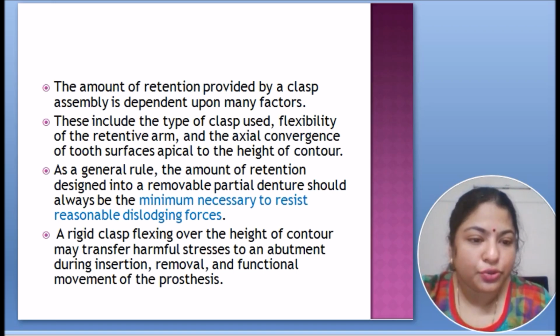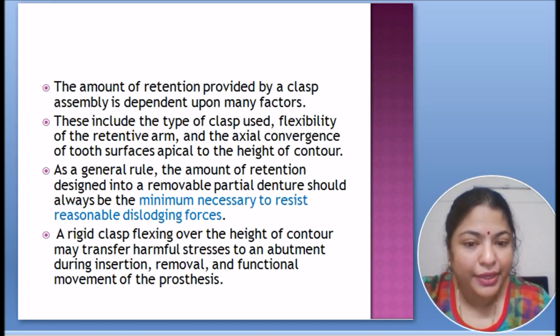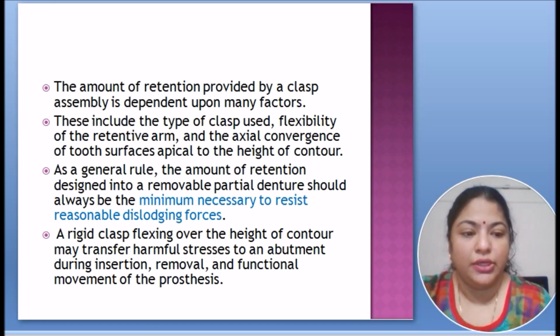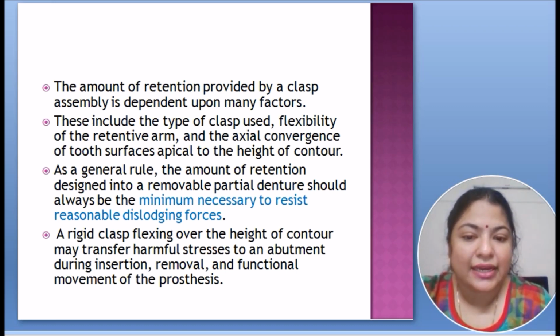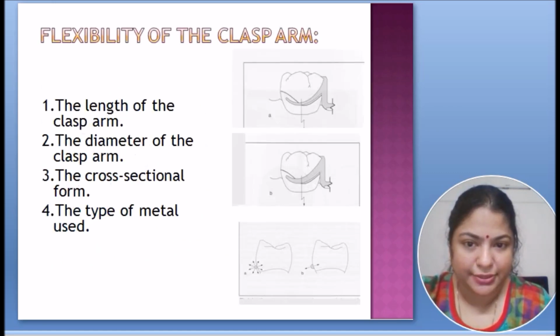As a general rule, the amount of retention designed into a removable partial denture should always be the minimum necessary to resist reasonable dislodging forces. A rigid clasp flexing over the height of contour will transfer harmful lateral stresses to an abutment during insertion, removal and functional movement of the prosthesis.